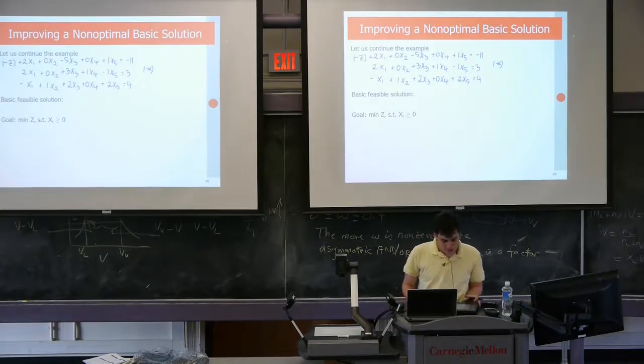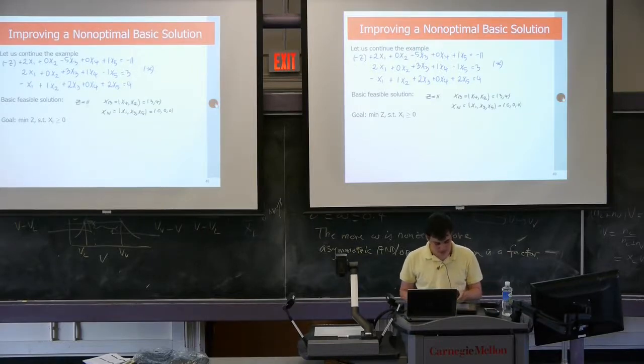Okay, so let's continue the example that we started. So again, here we already discussed the basic feasible solutions. Right? That's z is 11 and xb is x4 and x2, and their values are 3 and 4. And the non-basics are 0.